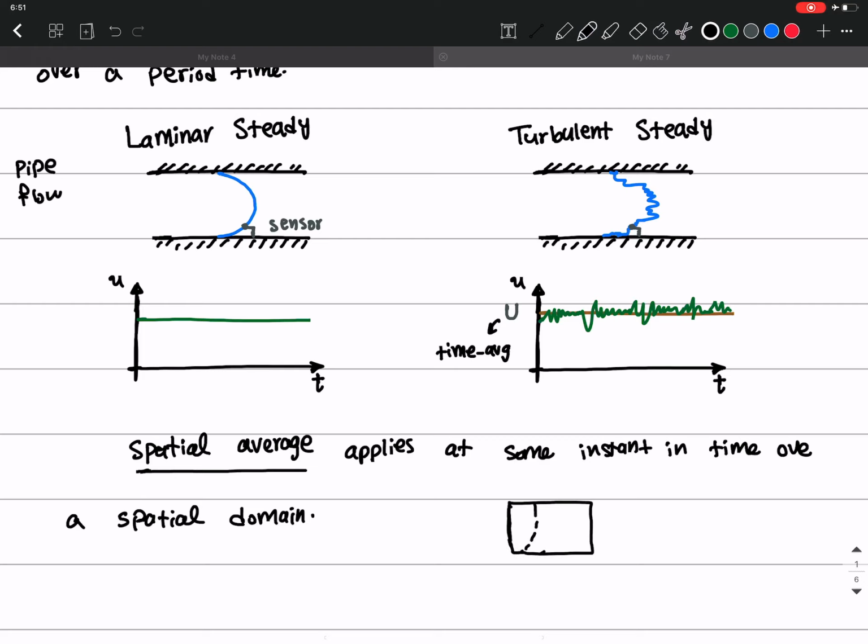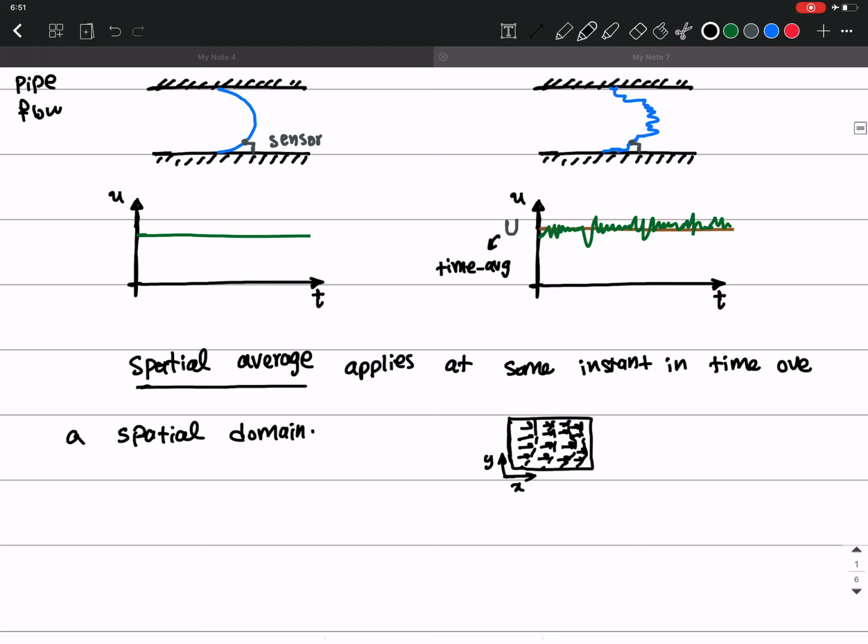So the velocities could be like this, okay? And then you take the average of these either, for example, in the x direction or in the y direction or in all directions, okay? So this will be again spatial averaging. So you take one snapshot of the flow and then take the average, okay? We can also have another concept which we call ensemble average.